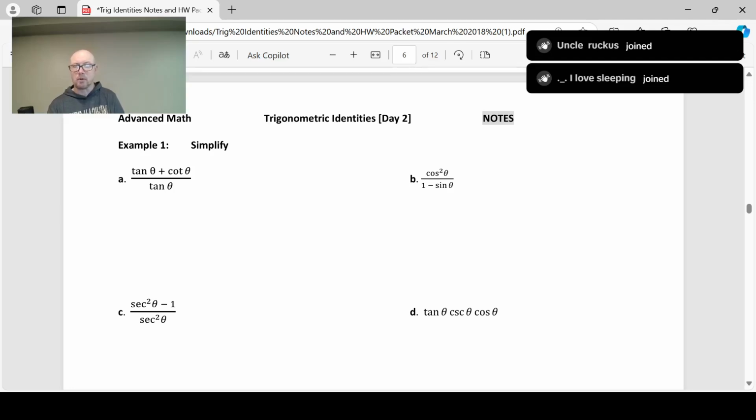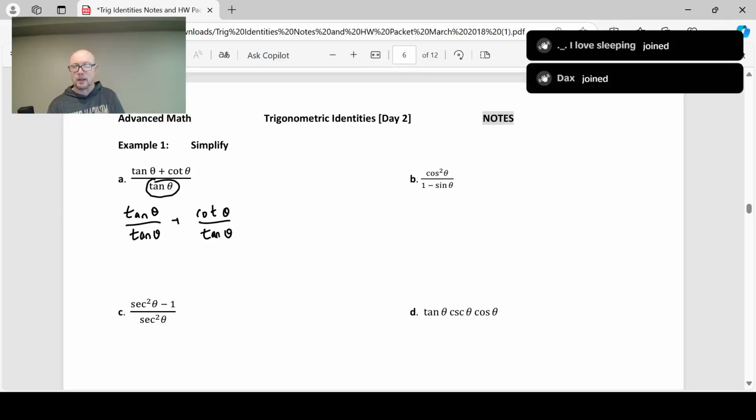The first thing we would want to do is notice they share a common denominator. If they share a common denominator, you can split that up into separate terms. So that would be tangent theta divided by tangent theta plus cotangent theta divided by tangent theta.